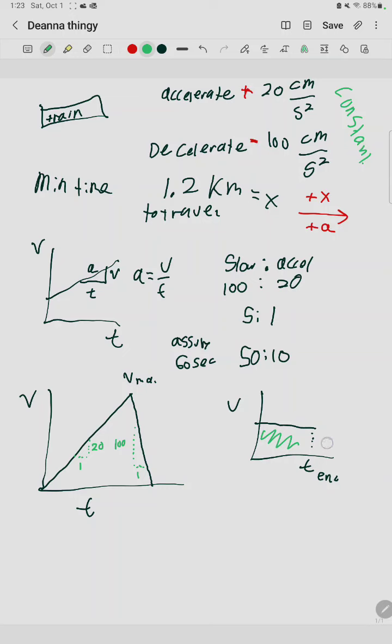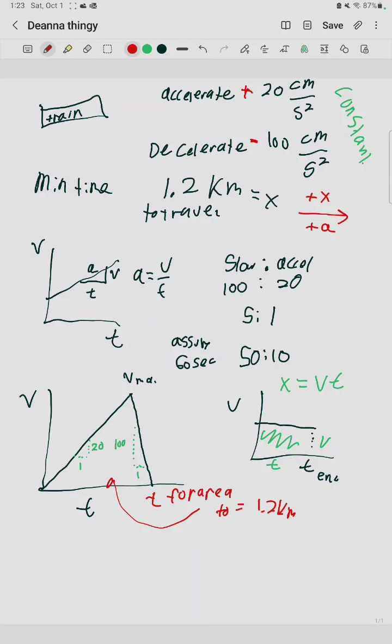It would actually be here because the velocity is on the y-axis and the time is on the x. And then your x would be vt, right? So then the question is, what does this time have to be for the area under the graph to be 1.2 kilometers? And that's where he stopped.